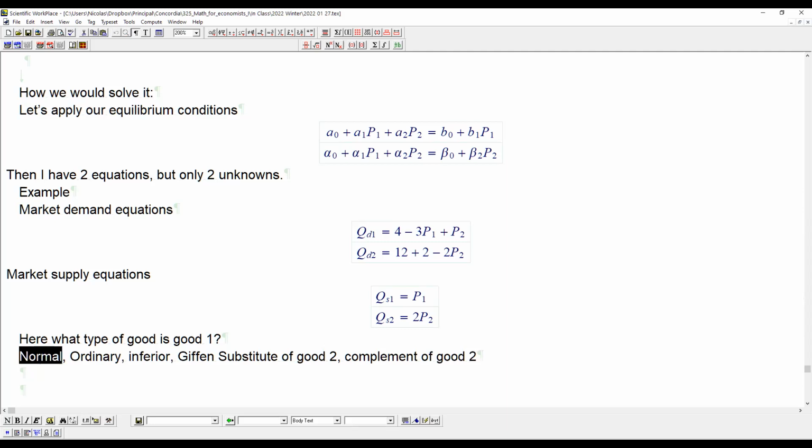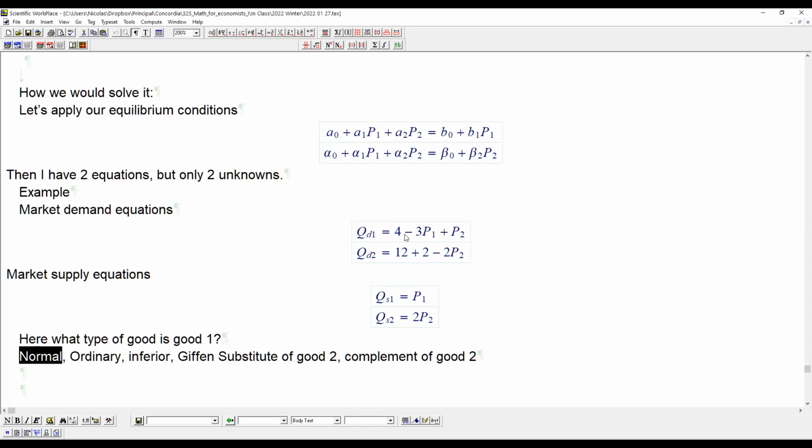Is it a normal good? You're guessing yes. We can't say for sure, because normal good has to do with income.